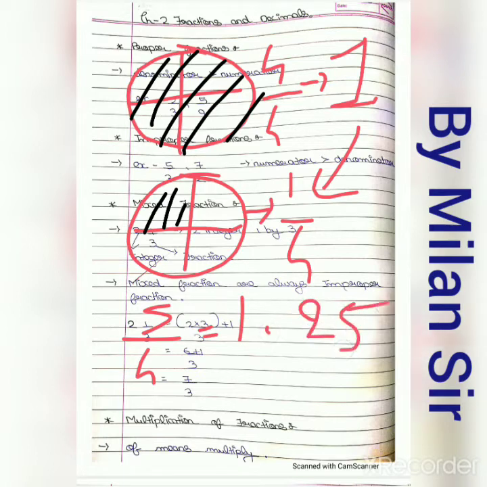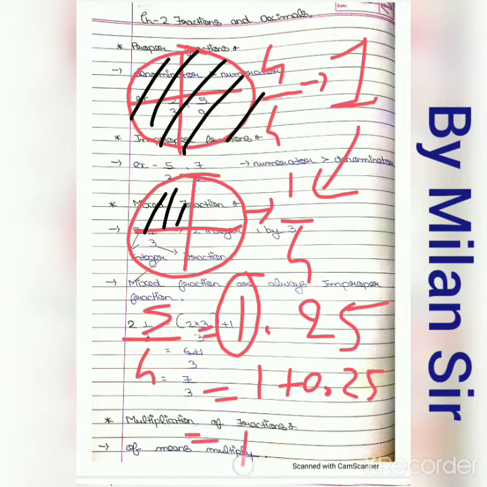1.25. Now mixed fraction means what? This is your integer. It is written as 1, and we can write 1.25 like this: 1 plus 0.25, right?